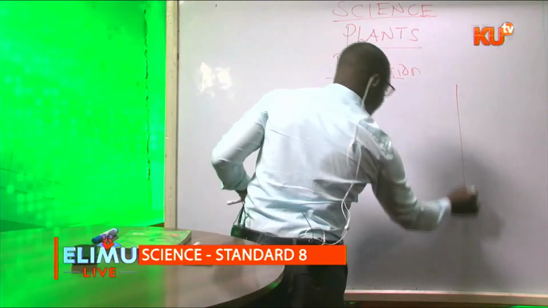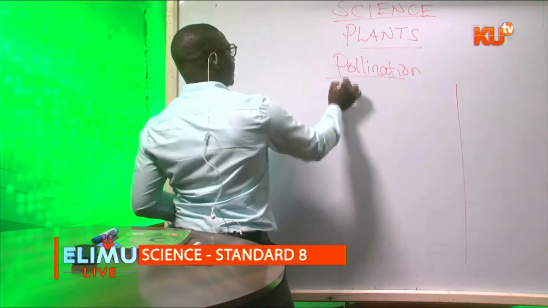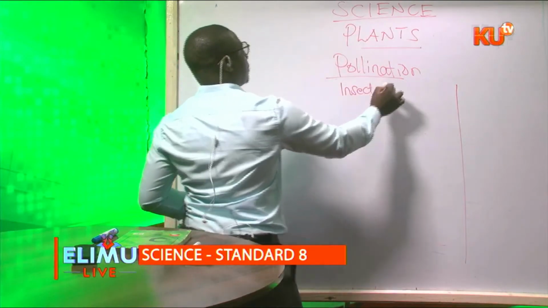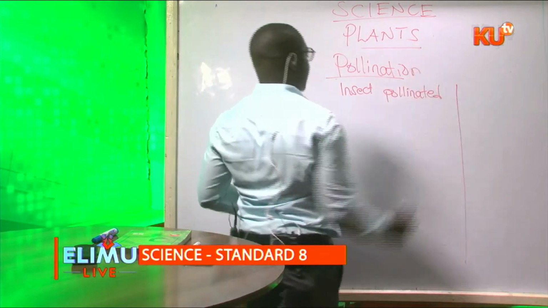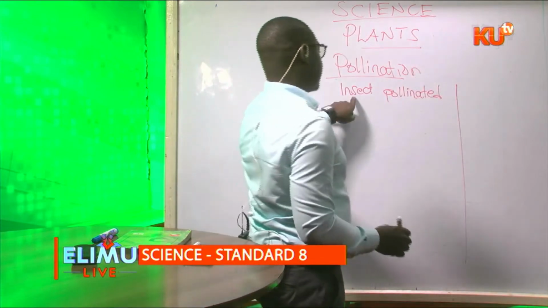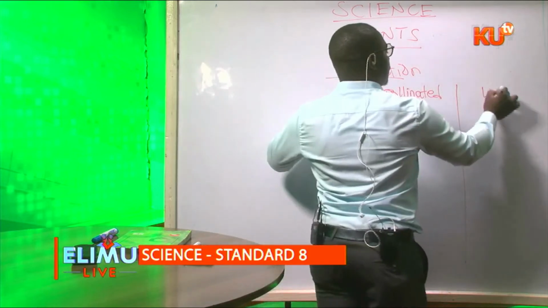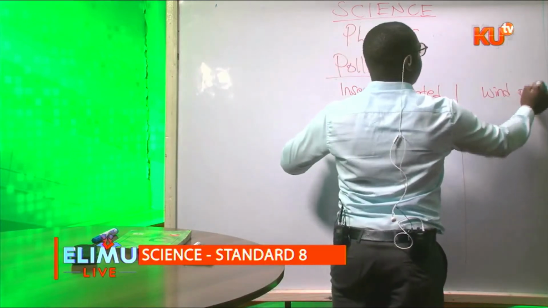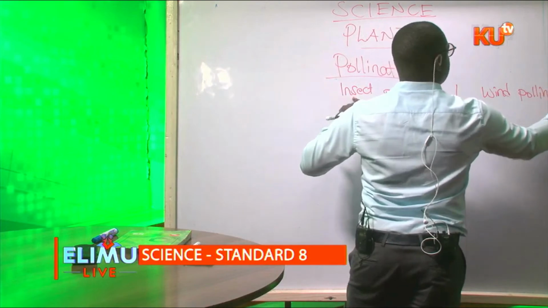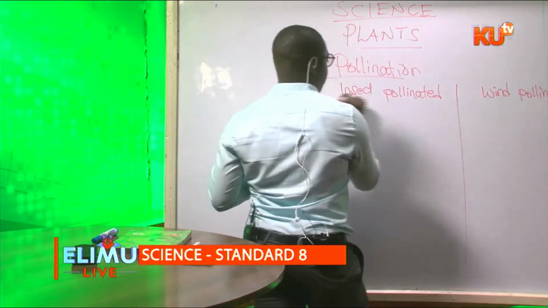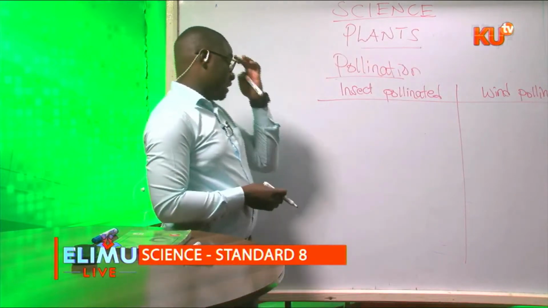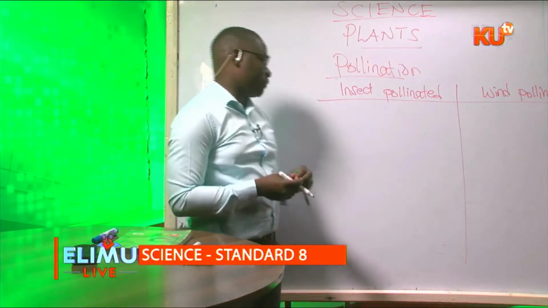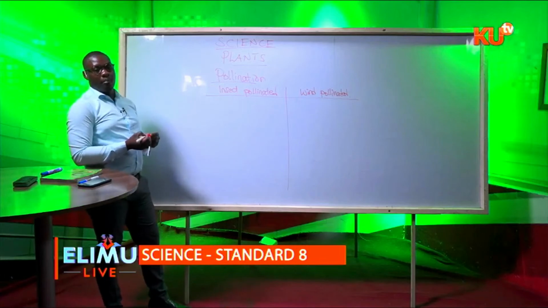So that gives us two, which is insect pollinated flowers, which means their agent of pollination is insect, and then we have wind pollinated flowers, which means the agent of pollination is wind. And I will draw a table so that we can see the comparison.